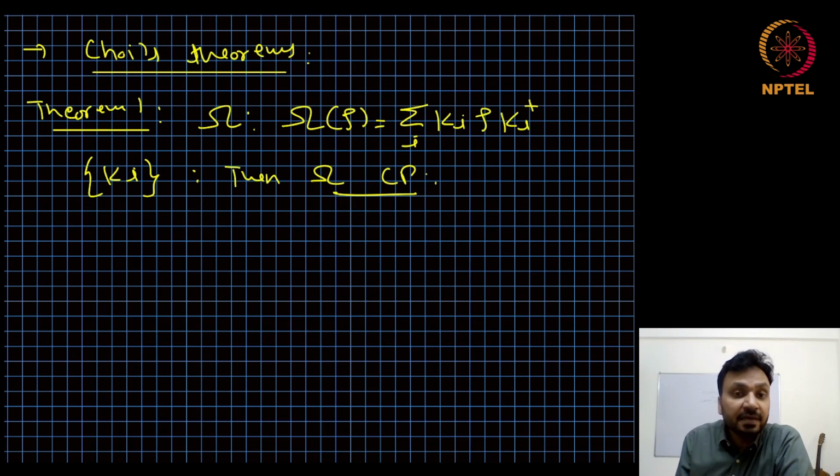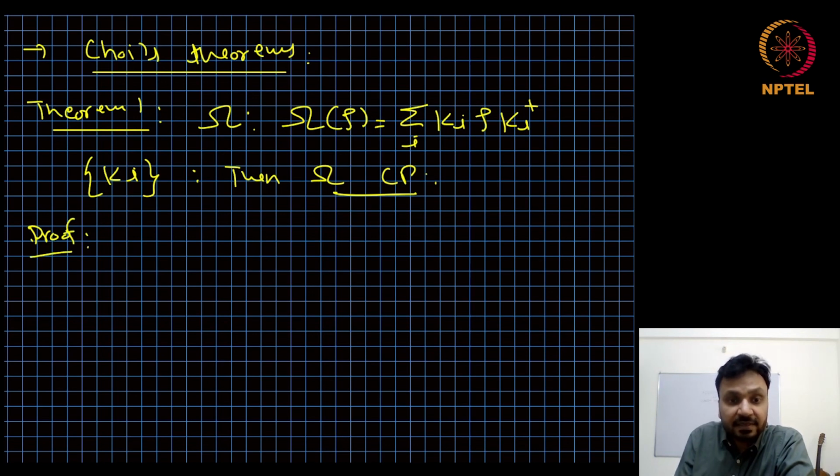Let me repeat it. If we are given a map such that the action of this map on an operator rho can be written as sum over i of K_i rho K_i dagger for an arbitrary set of operators K_i, then omega must be a completely positive map. Okay, the proof is reasonably straightforward.